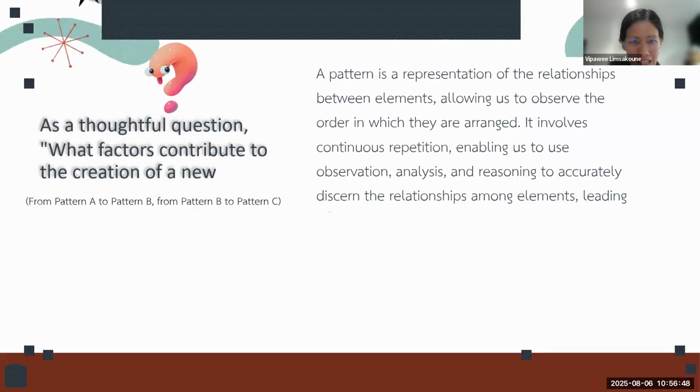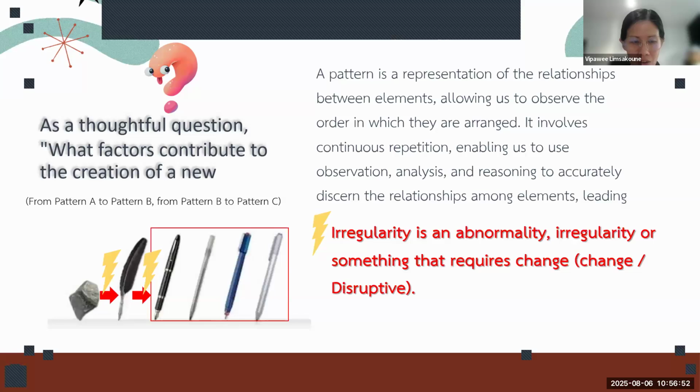And let's see. Regarding the irregularity, this is the symbol that the teaching team provided. It's like a thunderstorm. It means something changes. So instead of using rock to write, we change to use something like a bird feather, maybe lighter. If we use rock, then we need another rock to write, right?